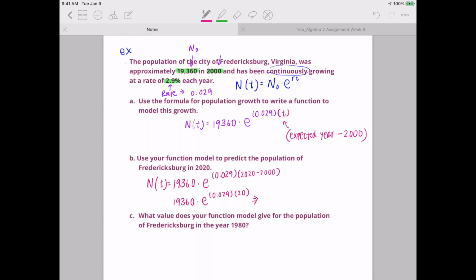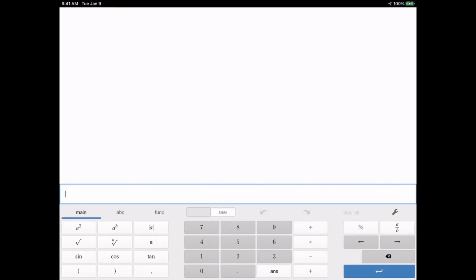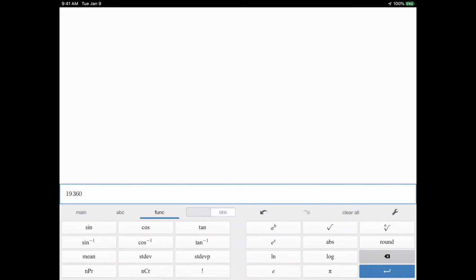So we're going to put this in the calculator. Let's put down 19,360 times e. So e is in the function right here.